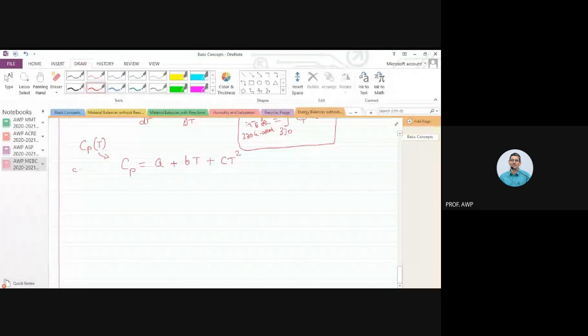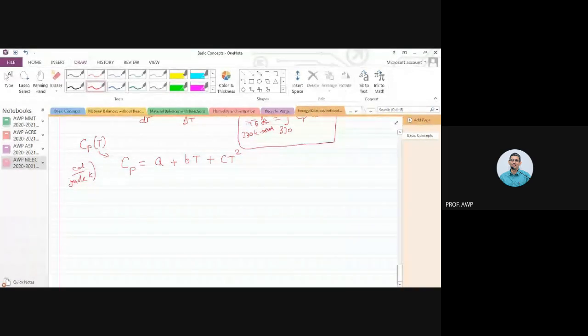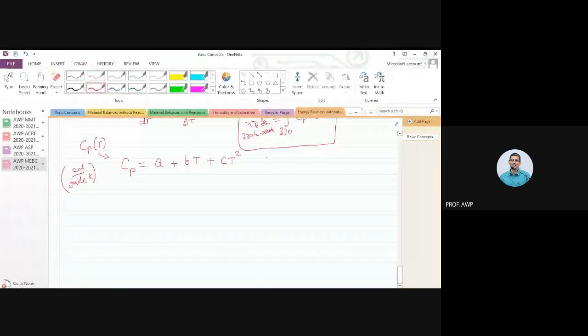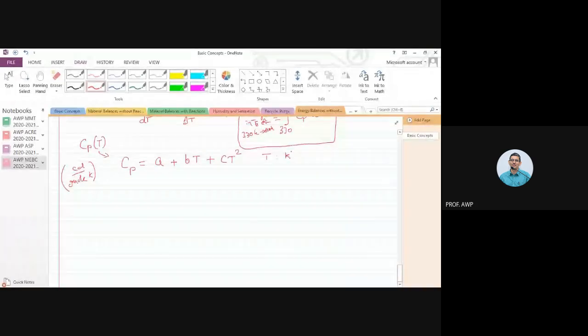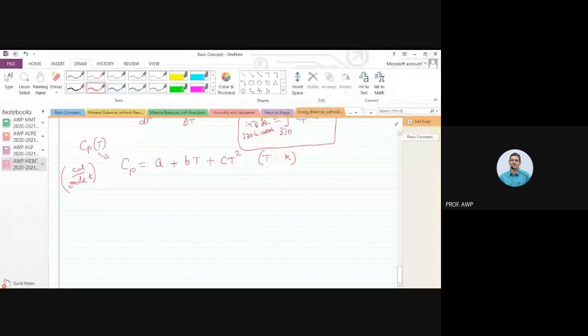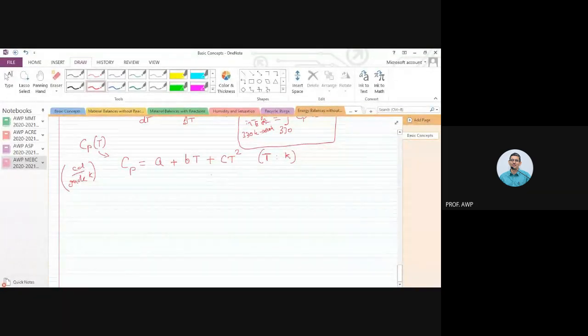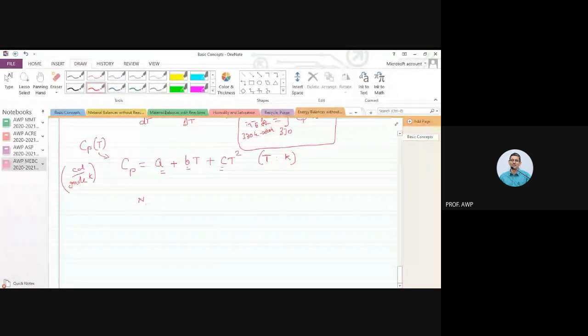Cp is in calories per gram mole Kelvin, and in this relationship, temperature is in Kelvin. I'm going to tell you the values of A, B, and C. These are the constants. So I'm going to tell you for nitrogen and oxygen.